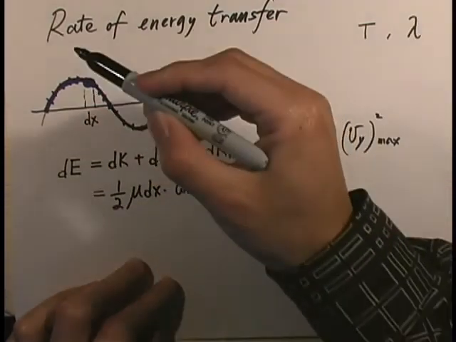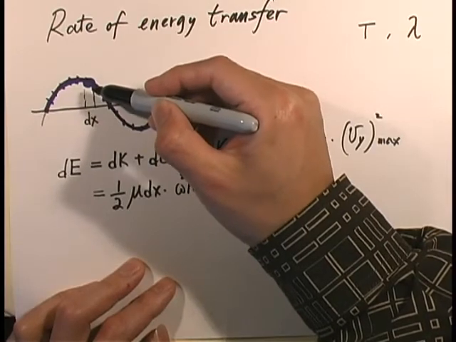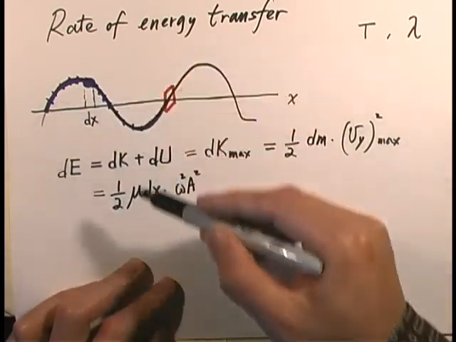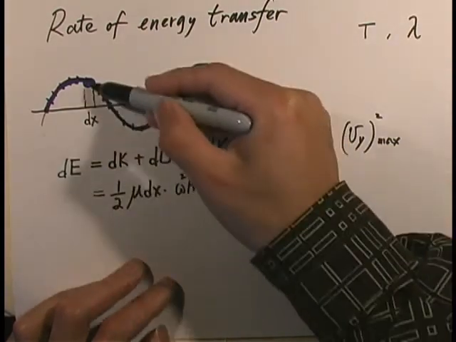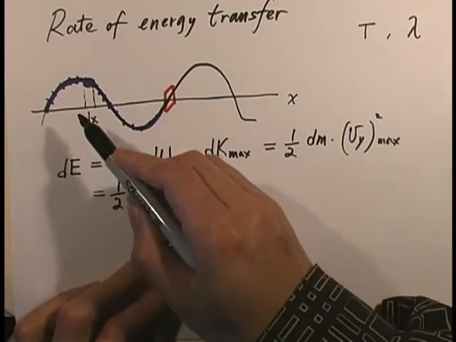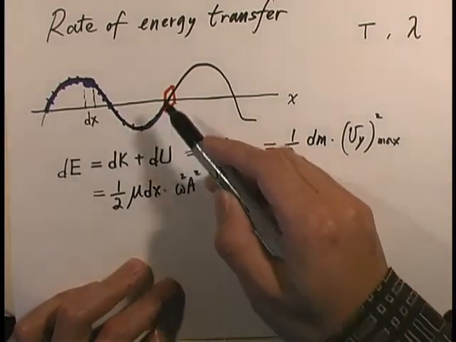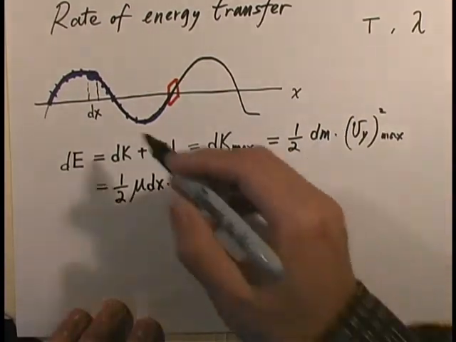Okay, we just make sure that we understand that each of these oscillators has a fixed amount of energy independent of time, and here is that total amount of energy. Okay, so this is the energy of this one oscillator, and if I add all these oscillators up over one wavelength, then I get the total amount of energy over one wavelength.